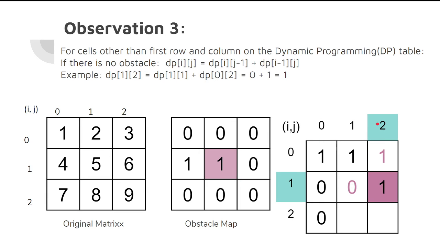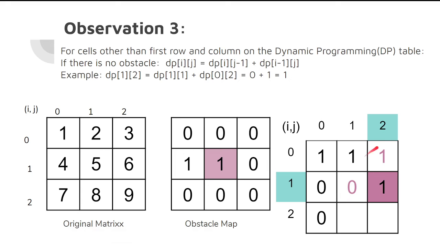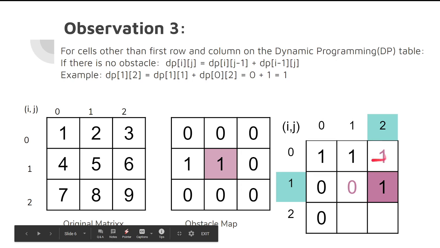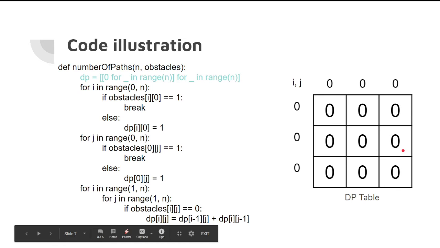So for this one, you look here. You look at the left side, and it's 1. Then you look at the top, and it's 1. So this is 0, this is 1. 0 plus 1 is 1. So it would be 1.